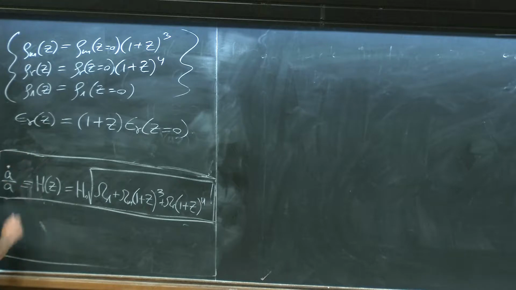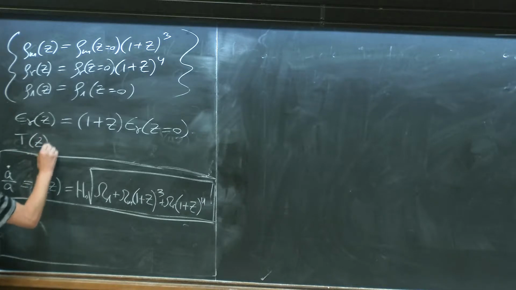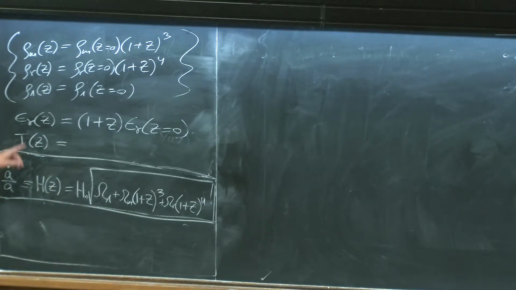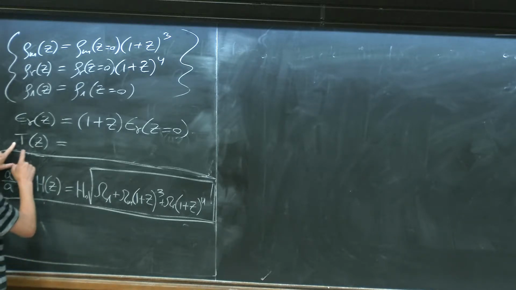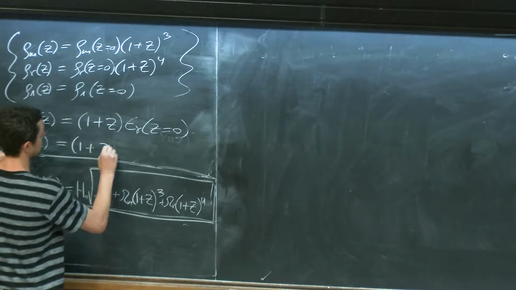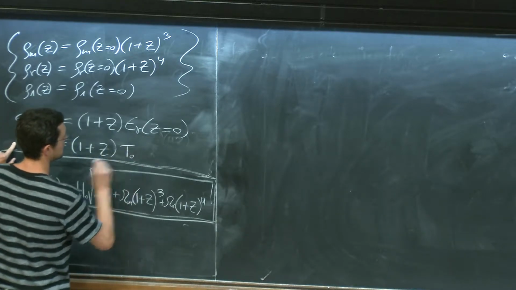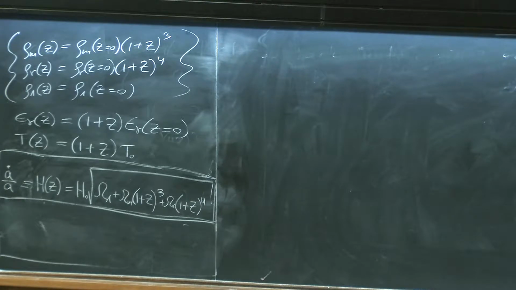For a free-streaming distribution of photons that are not scattering with anything and have the observed black body distribution, you can easily convince yourself that the effective temperature of the distribution at redshift z is 1 plus z times the temperature of the photons that we measure today.